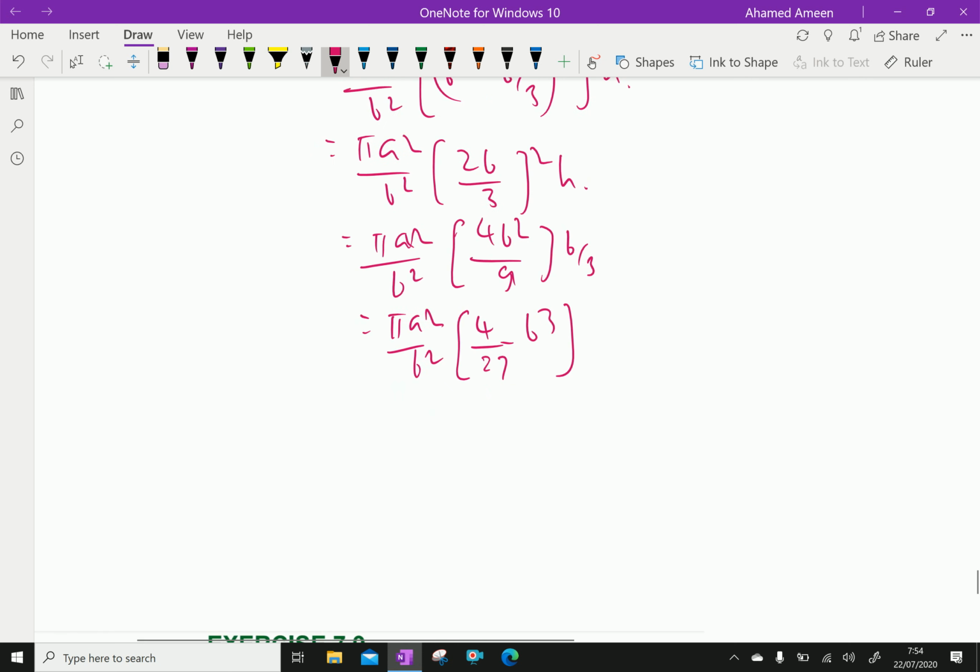B squared and B cube cancel, so we have pi A squared times 4B by 27.